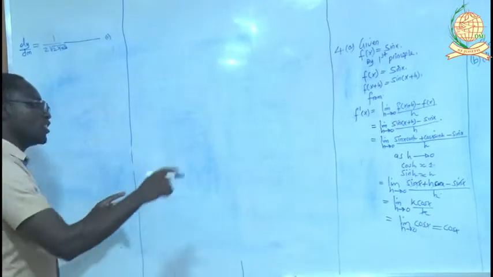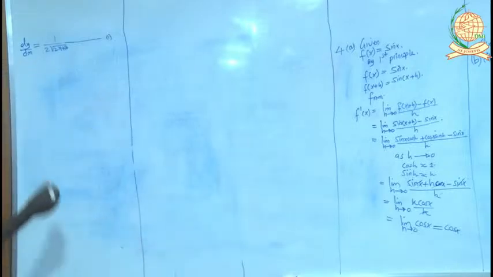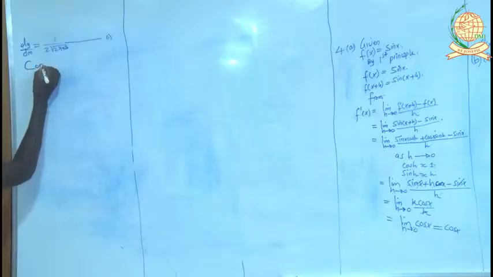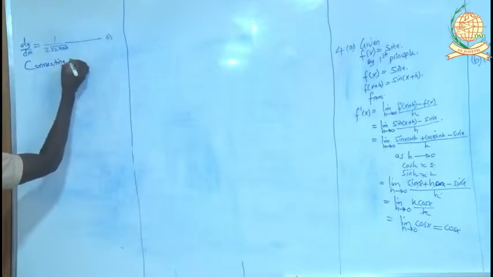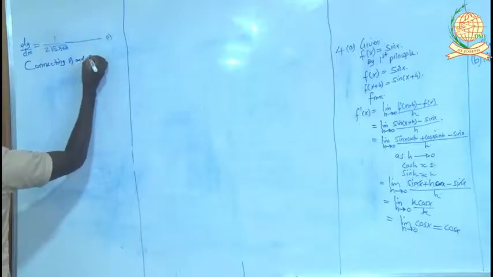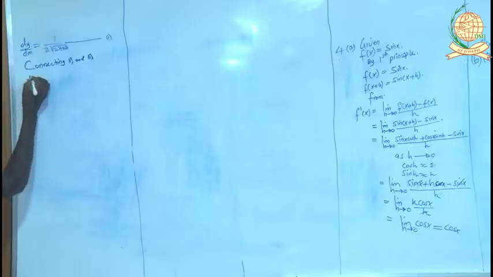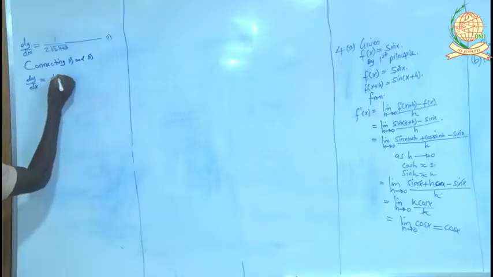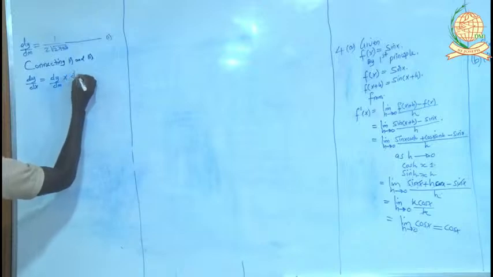Now, connect equation 1 and equation 2 by using the chain rule to get dy over dx. So dy over dx will be equal to dy over dm times dm over dx.